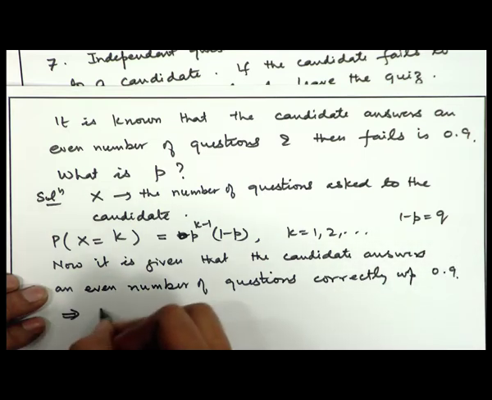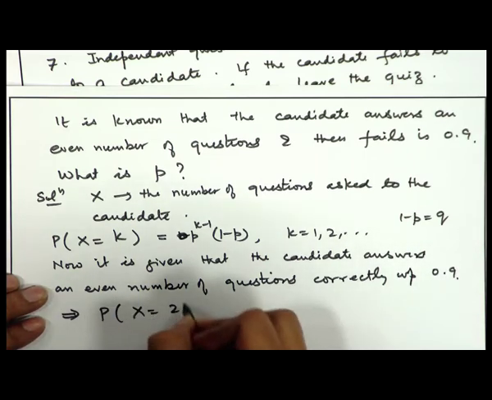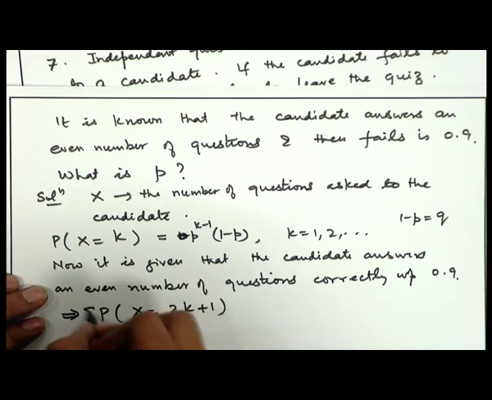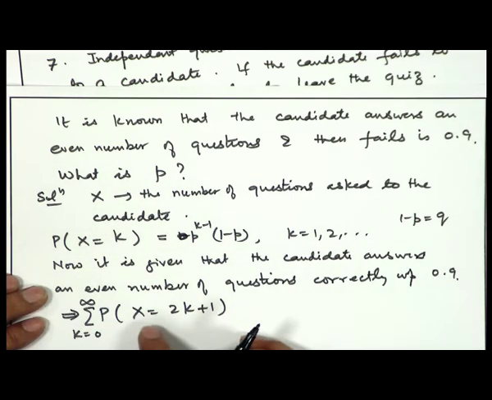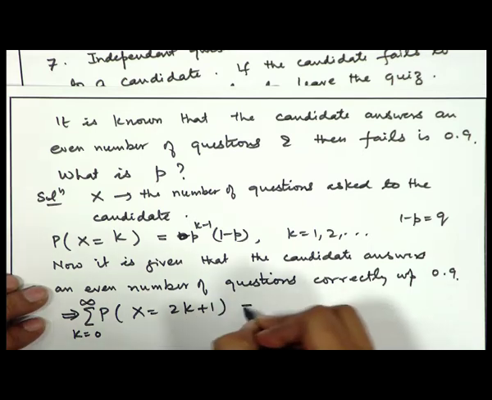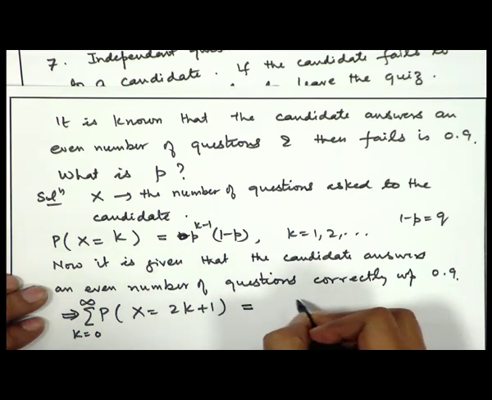That means, probability that x is equal to 2k plus 1. Okay. What does it mean? k equal to 0 means x is equal to 1. So, that means he does not answer any question correctly. Then if we look at x is equal to 3, that means 2 questions he answers, third question he is not able to answer. So, like that. So, this is equal to 0.9.